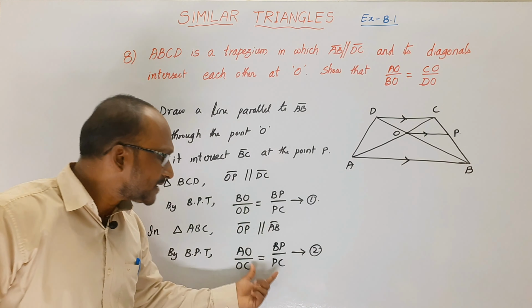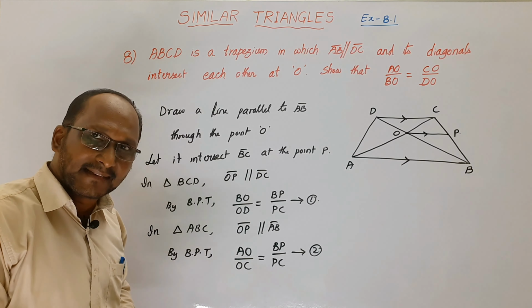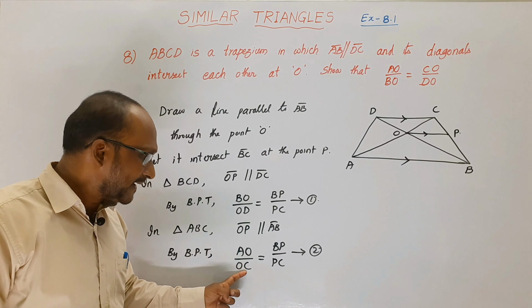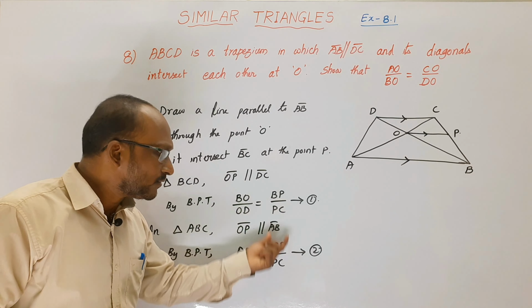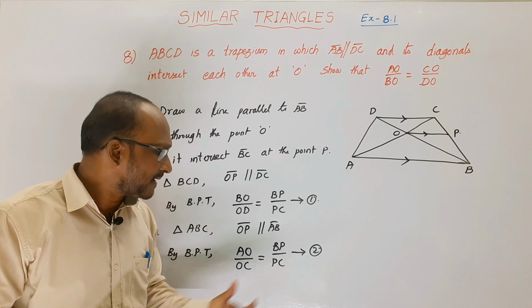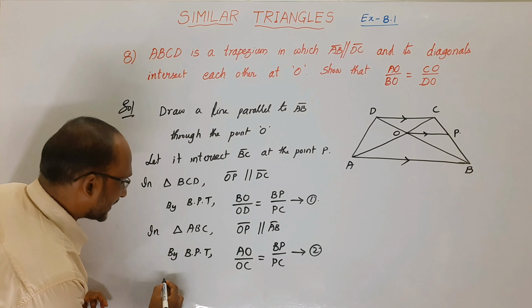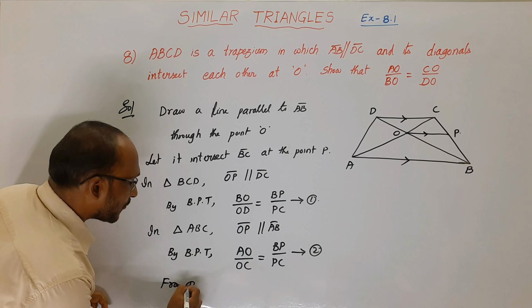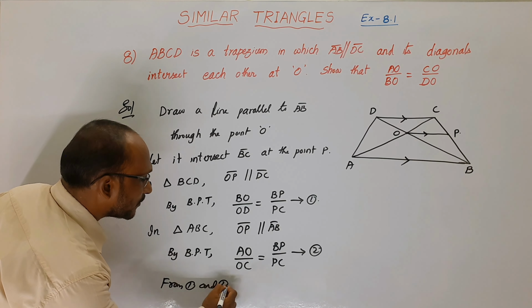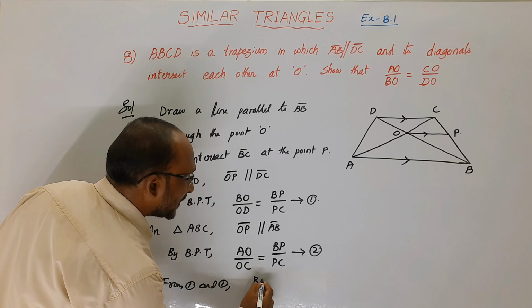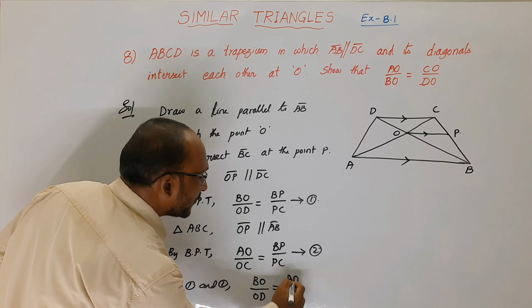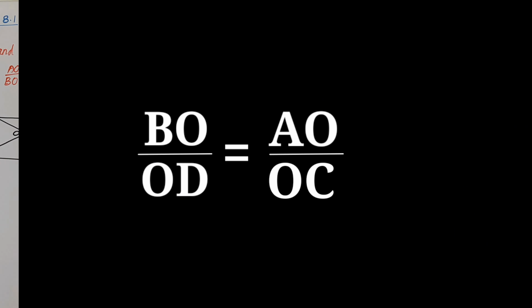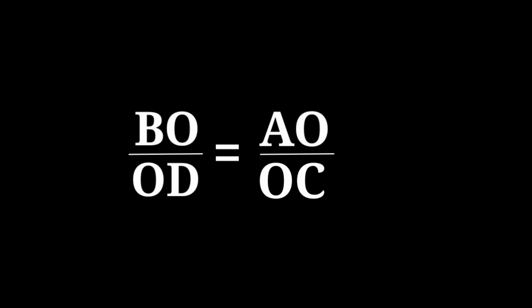Now from these two results we can see that AO by OC and BO by OD are equal to the same ratio BP by PC. So from 1 and 2, BO by OD is equal to AO by OC.